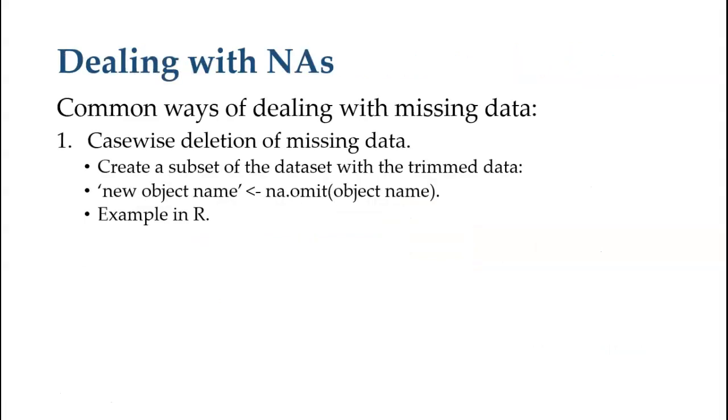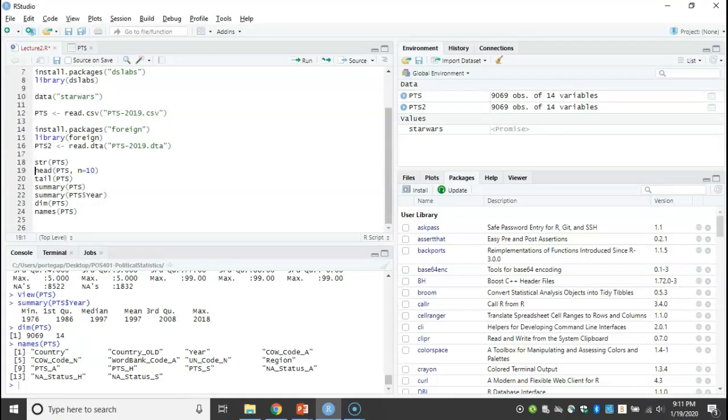There are several things that you can do with the missing data. The most basic, the simplest thing is just to delete all the missing data. And you use this function to do it, okay? So how do we do it?